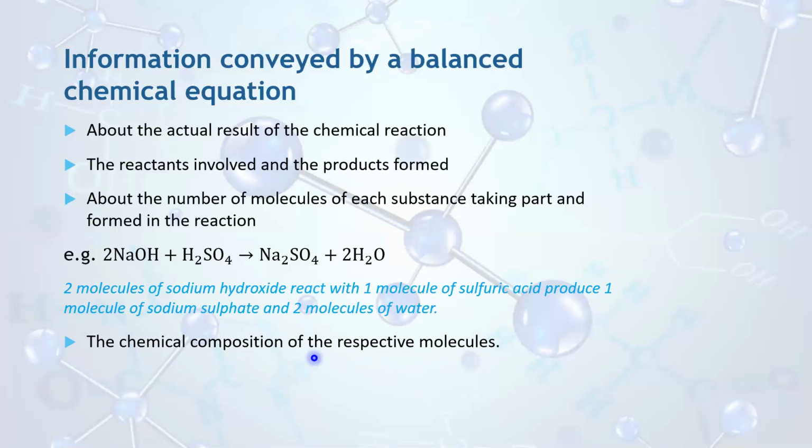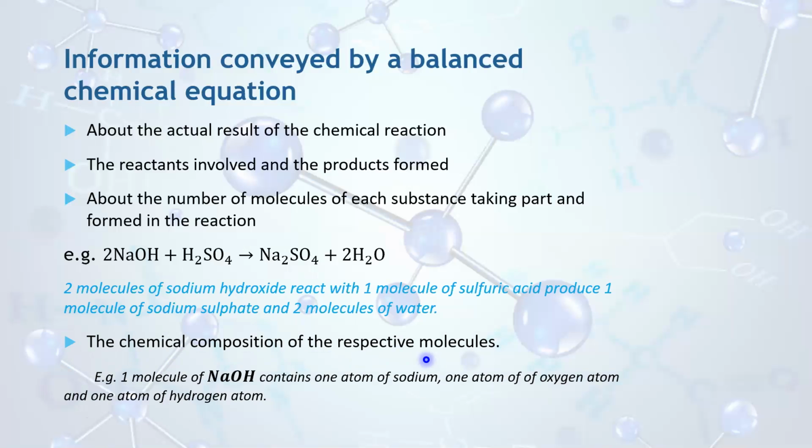Fourth, the chemical composition of the respective molecules. For example, one molecule of sodium hydroxide contains one sodium atom, one oxygen atom, and one hydrogen atom. So from an equation, we will get the idea of the composition of the molecules. What about sulfuric acid?